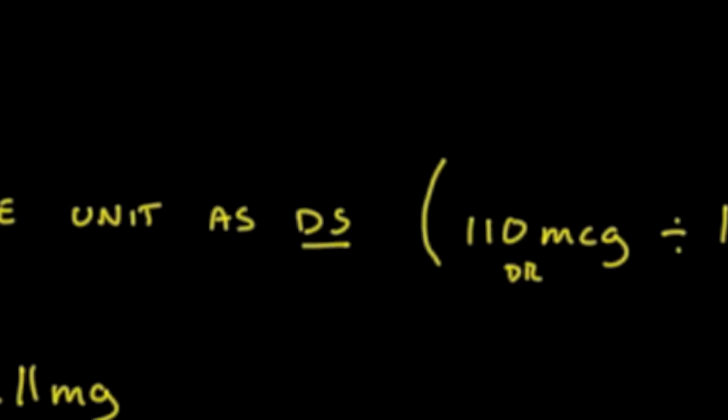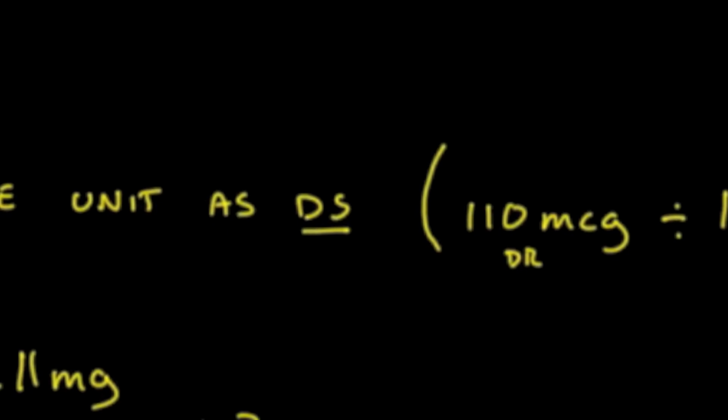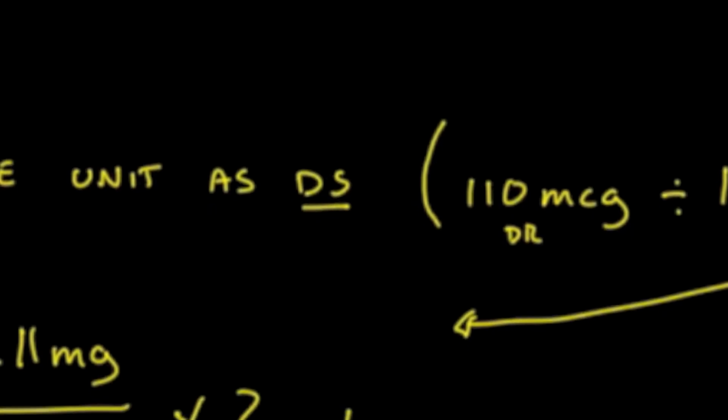So step 2 is to set it up, the DR over DS times V. So our dosage required was 0.11. So you're just going to bring that over. And then you're going to divide into the dosage that was supplied times the volume, and you have your answer again.